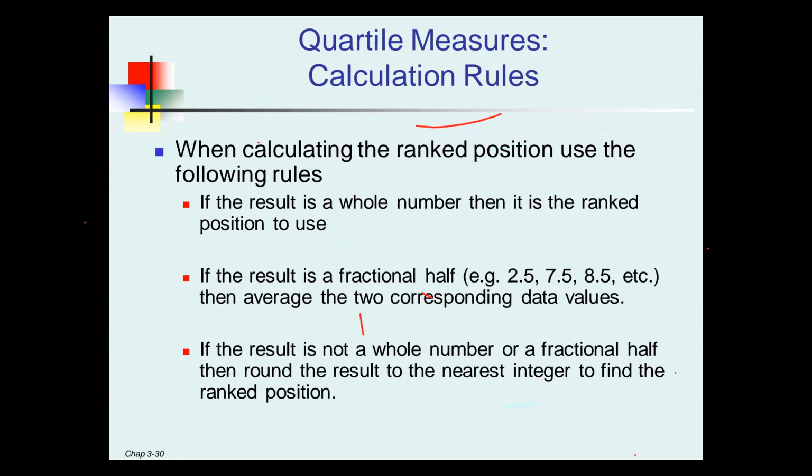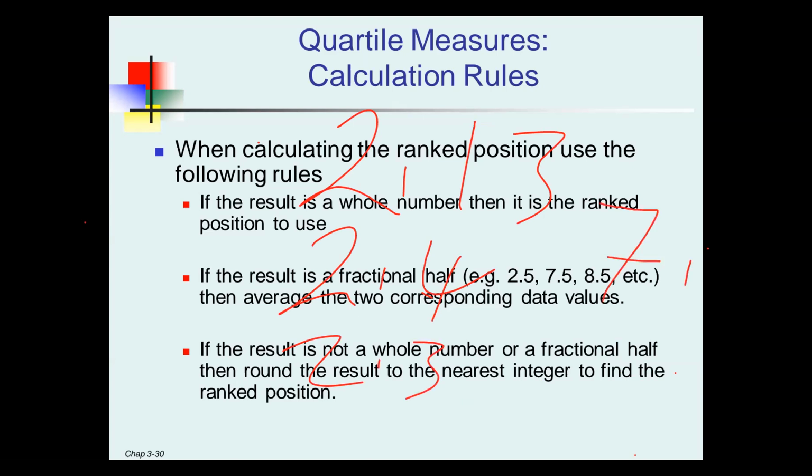But what if the result is not a whole number and it's not a fraction? Take, for example, you have 2.13 or something, or maybe 2.4, 2.3, 7.7. How do you do this one? This is what you do.